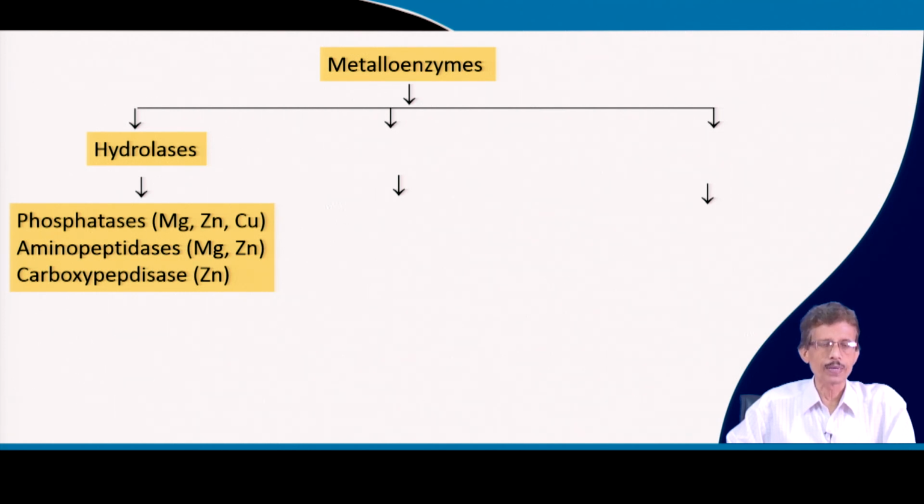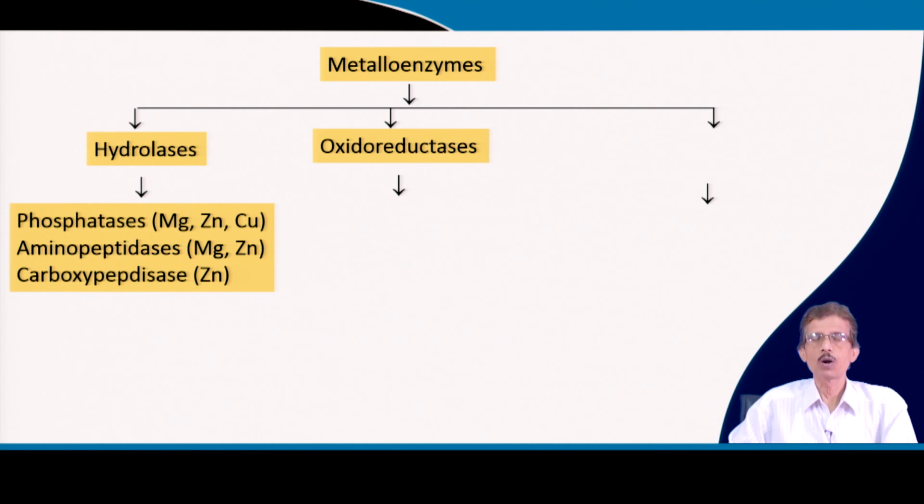Carboxypeptidase is a zinc bearing molecule of hydrolase type, that means it gives biological hydrolysis. The chemical hydrolysis, we all know, can be done in a reaction vessel, in a test tube or in a reaction chamber. But what about this? Similarly, phosphatases, the phosphate ester hydrolysis molecule, and aminopeptidases also, the peptidase, that means the peptide bond from the amino end, can be used for hydrolysis.